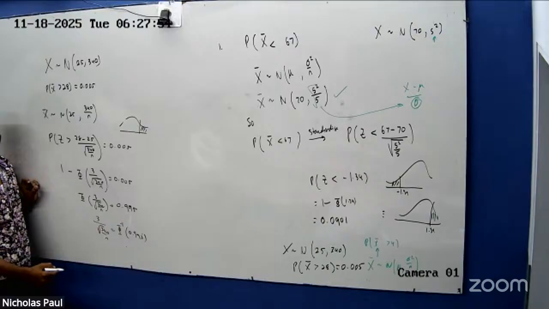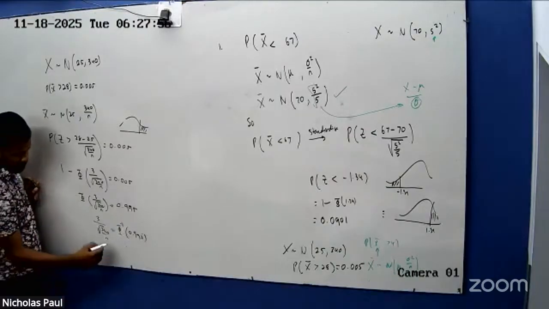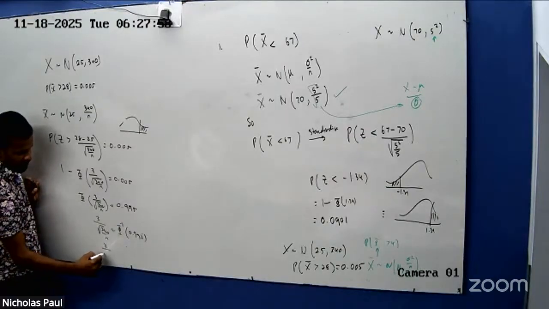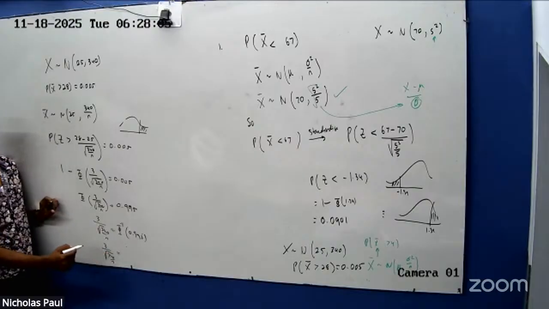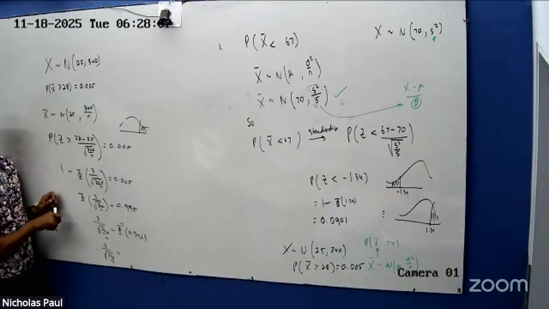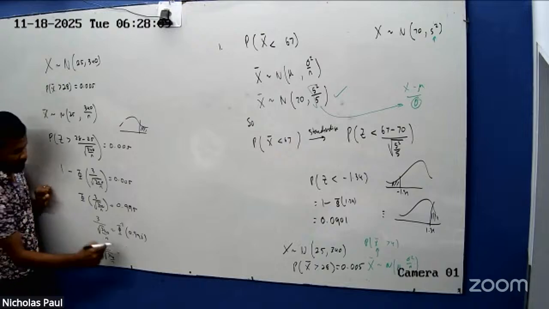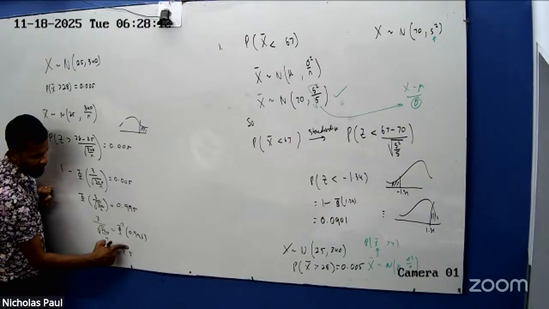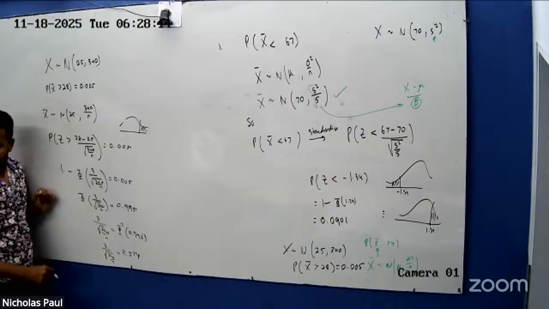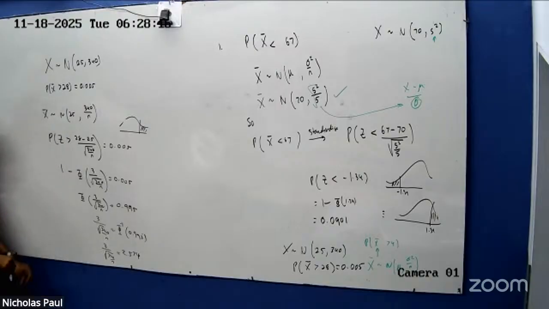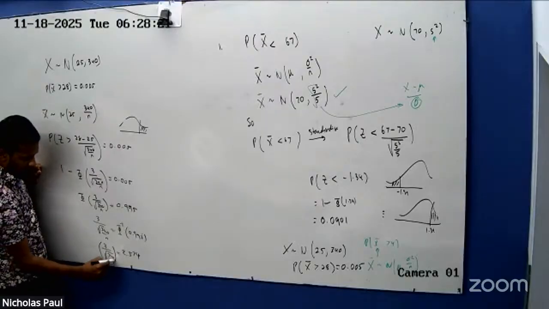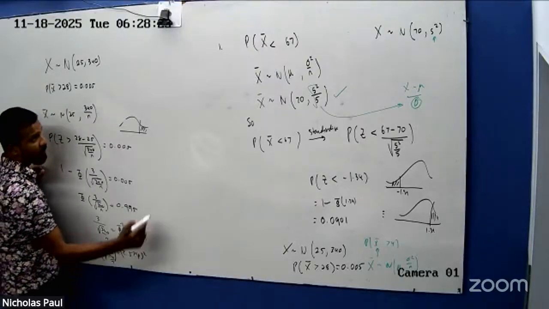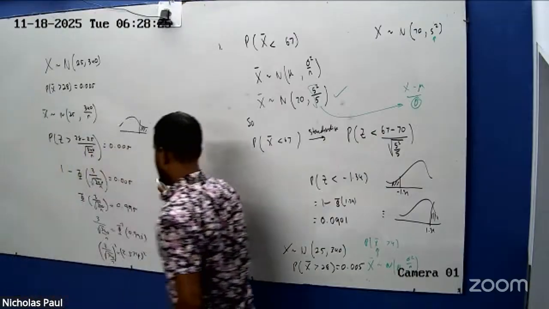How much is that? 2.574. Yeah. Then just cross multiply and solve. Or if you want to get rid of the square root, square both sides. It's up to you when you want to get rid of the square root.